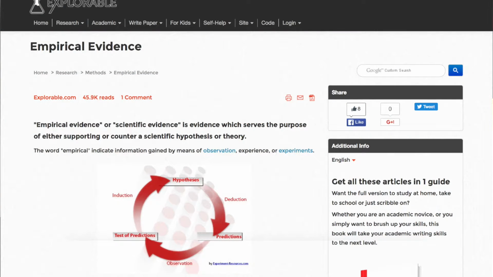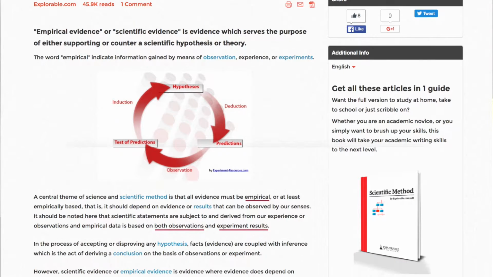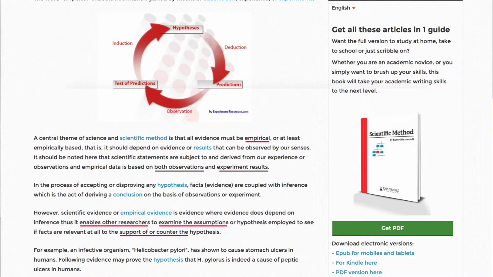And I like how Explorable puts it about empirical evidence, because empirical evidence is evidence that we can gather either by observation or by experimentation. These evidences can also allow someone else to look at our hypotheses and say whether the evidence is in favor of or against the theory or the hypothesis that we have presented. So, in short, our evidence can be used to either support something or to refute something.